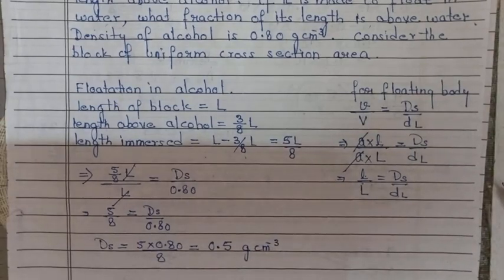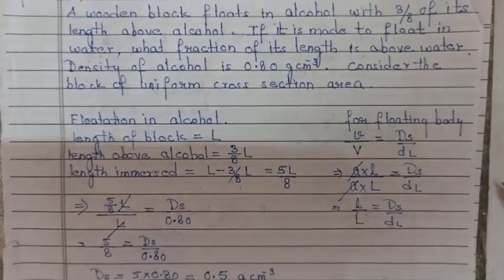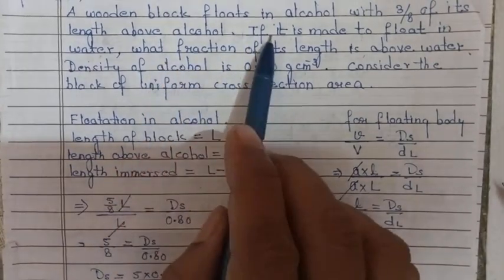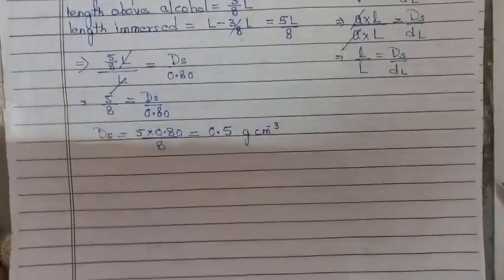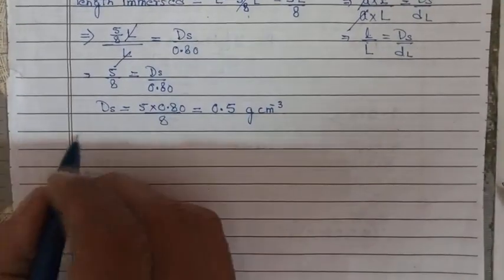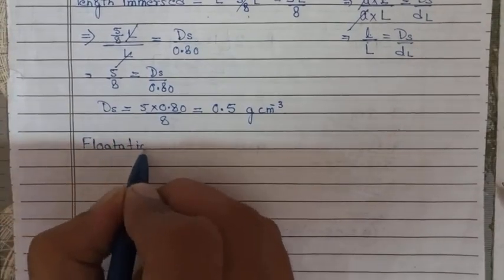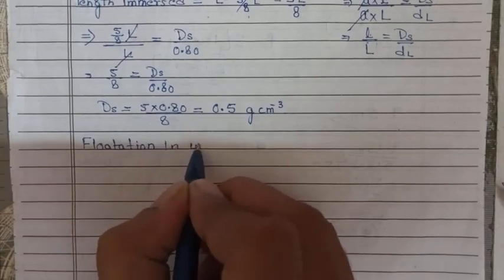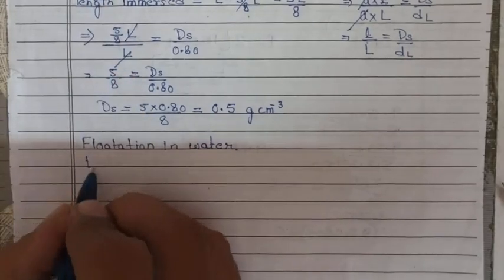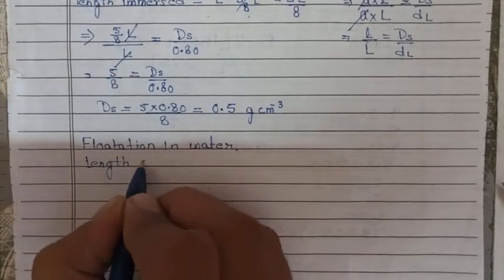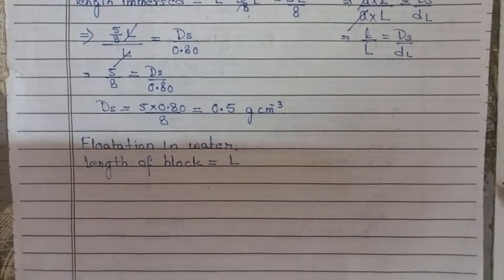After getting the density of solid, now the same solid, as the question says, is made to float in water. Now we are making the same body float in water. So now flotation is in water. The length of the body remains the same. So the length of block was considered as capital L, it will remain the same.